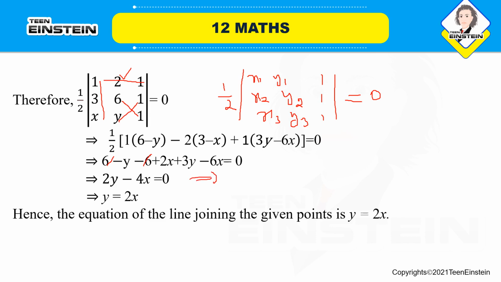Which implies 2y is equal to 4x, or y equal to 4x by 2, or y equal to 2x. Therefore, the equation of the line joining the 2 points is given by y equal to 2x. Right? Now I move on to the next problem.